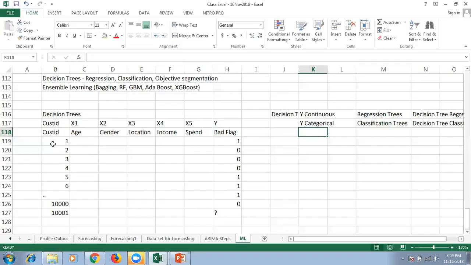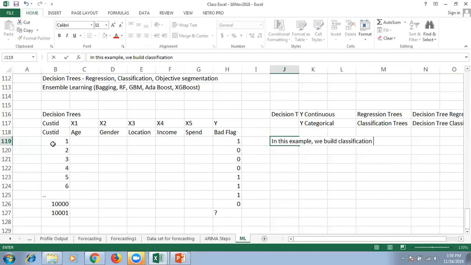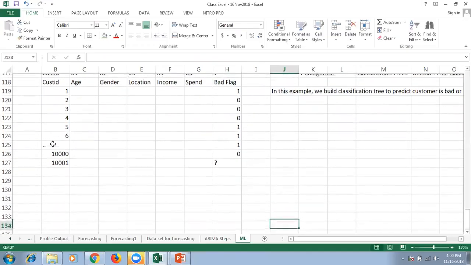So in this data I want to build a classification tree to predict whether a customer is bad or not, since my Y is a categorical variable. Correct or not?